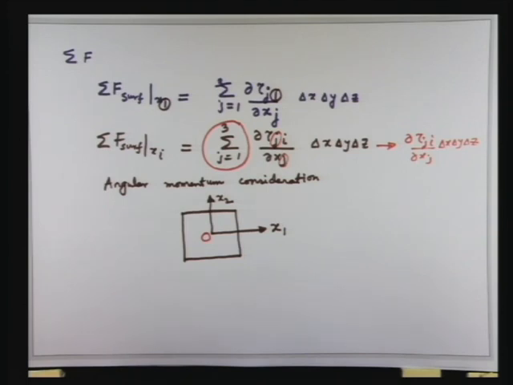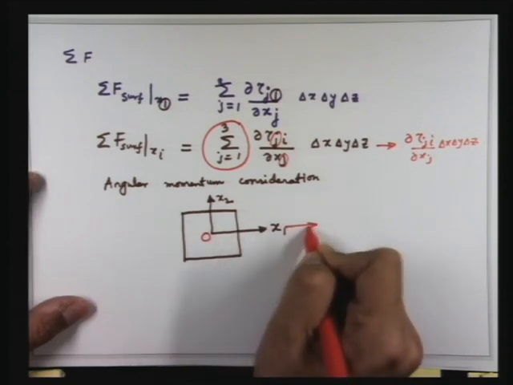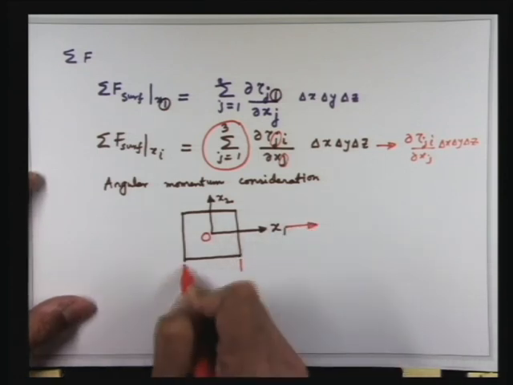We can of course do a very accurate, rigorous analysis, but just for simplicity, let us say that this is delta x.